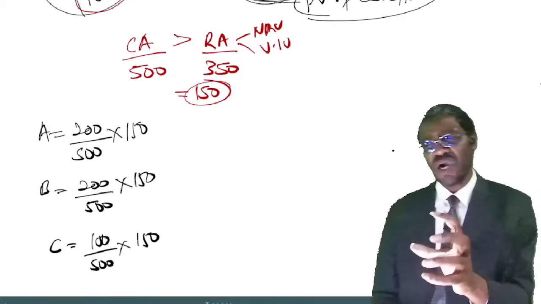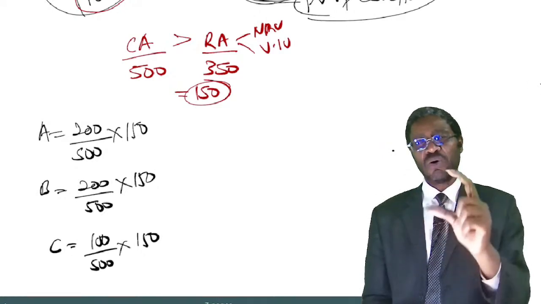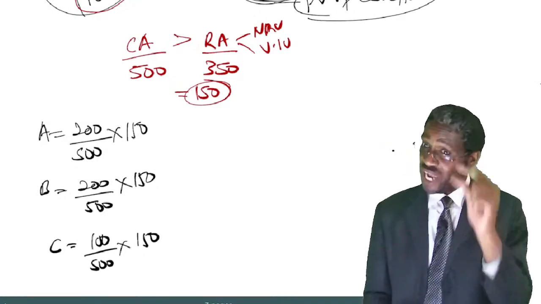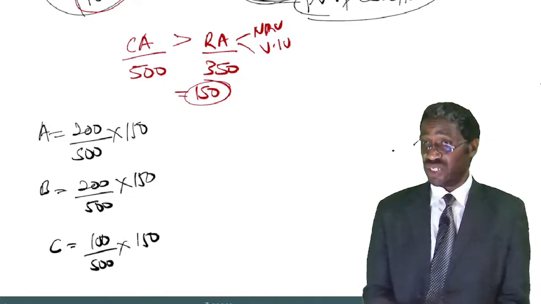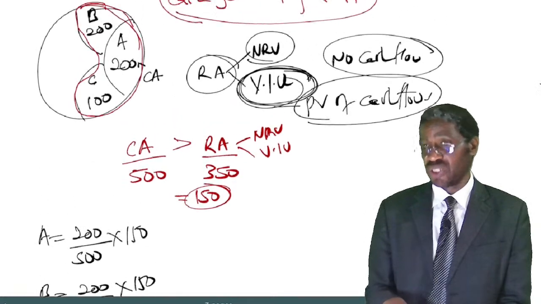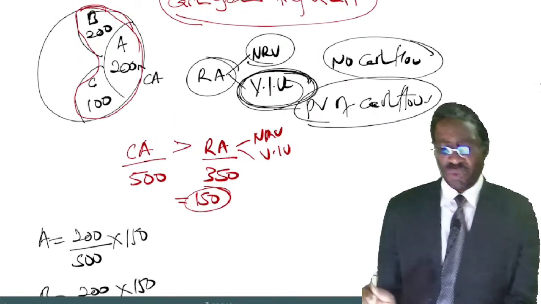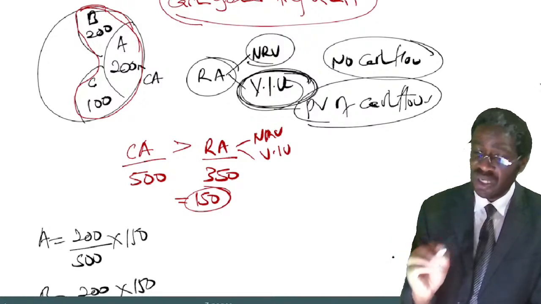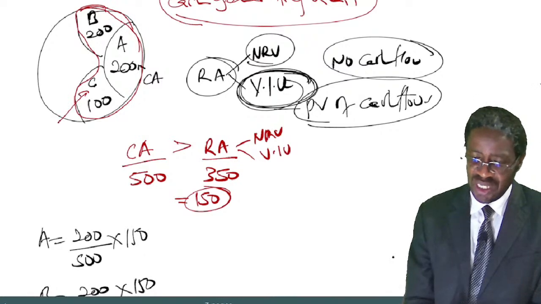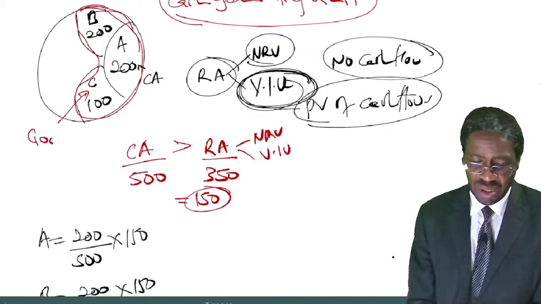So that's how you allocate the impairment loss of a cash generating unit to the assets in the unit. Now listen to another key point. Suppose one of these assets in the unit, let us assume asset C, is an asset called goodwill.